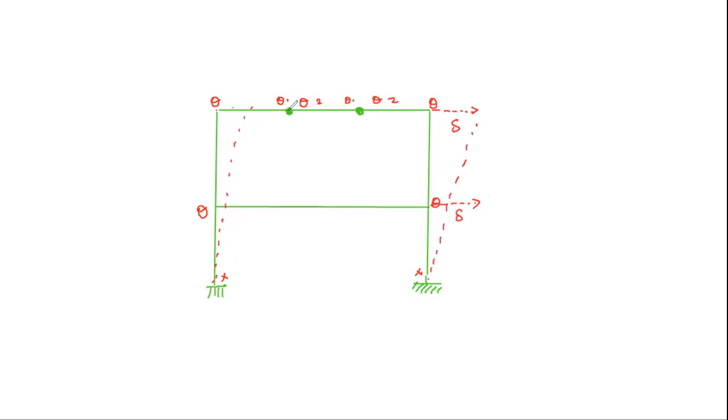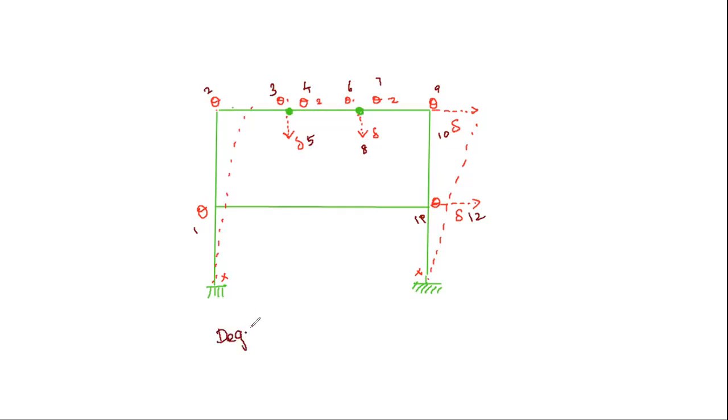Apart from these, in this hinge position there will be a downward movement, a deflection. That will be equal to 1 del and here 1 del. So what are the possible displacements here? 1, 2, 3, 4, 5, 6, 7, 8, 9, 10, 11 and 12.